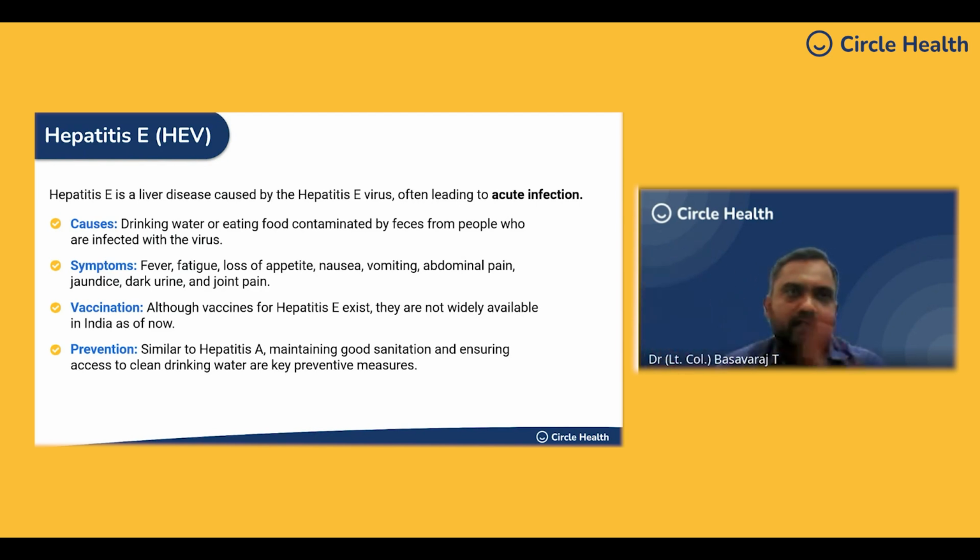Now, coming to how you diagnose, what kind of test you do for diagnosing hepatitis? Hepatitis A, as I told, it is RT-PCR which confirms. But when it comes to hepatitis B, there are tests like HBsAg. HBsAg is basically where we check for the surface antigen of the virus particle.